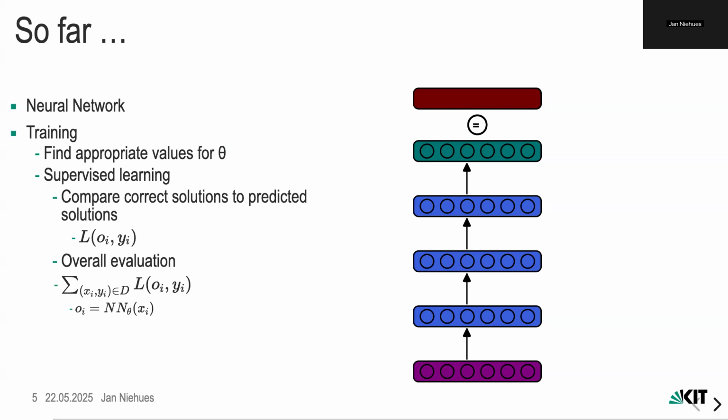In training, we always have as input our x_i, we generate some output, and at the end we know the y_i, the correct one. In a classification task it's the correct class; in sequence generation it might be the correct sequence. But importantly, we always have these pairs x_i and y_i, which tell us that for this input we expect this output.